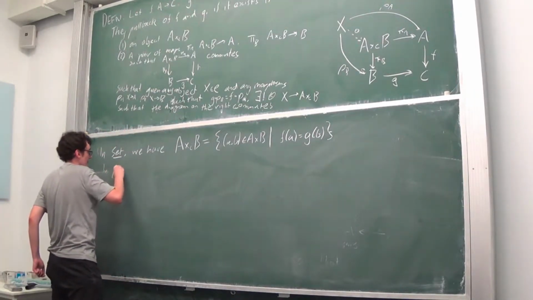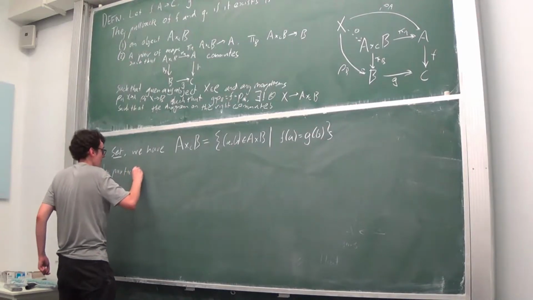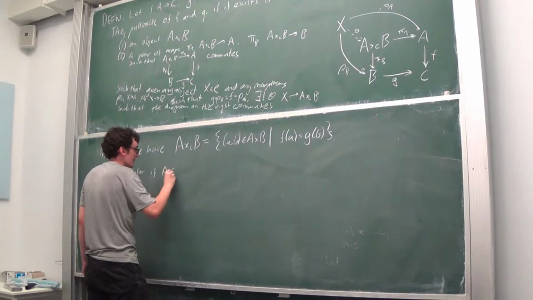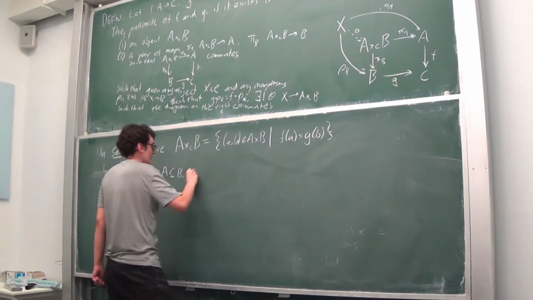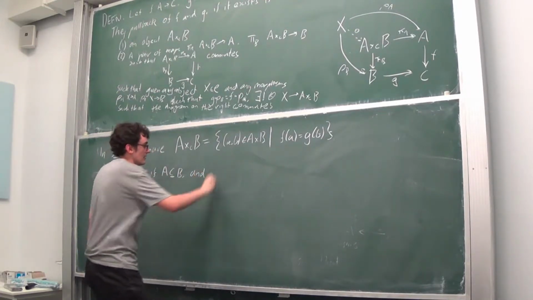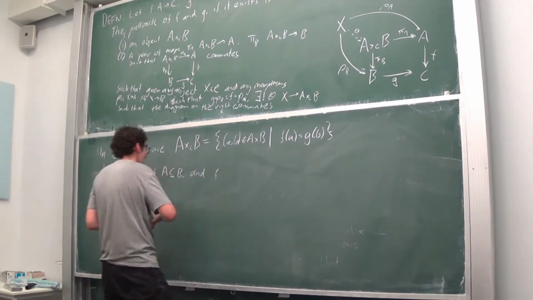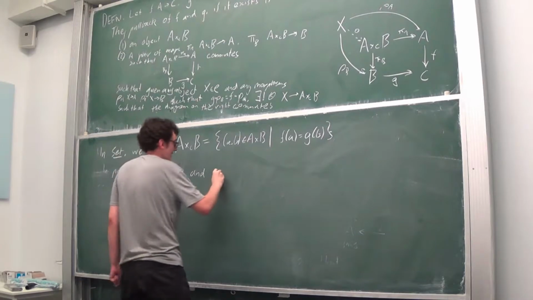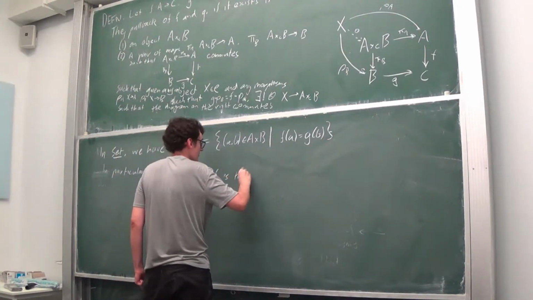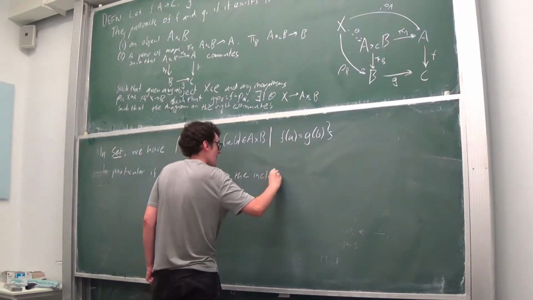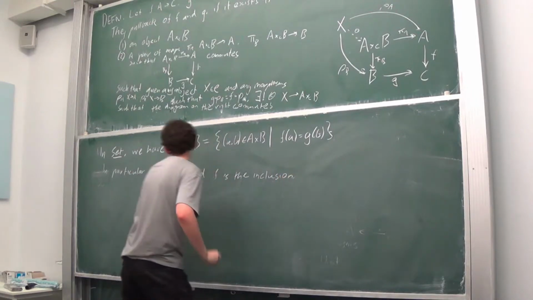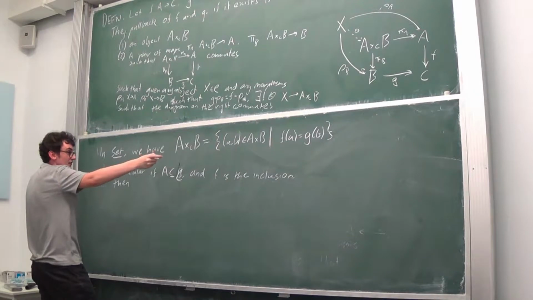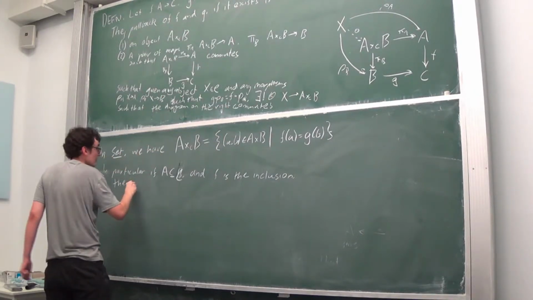So if A is a subset of B, sorry, not a subset of B, a subset of C, and F is the inclusion, then it turns out that this just collapses to the preimage.